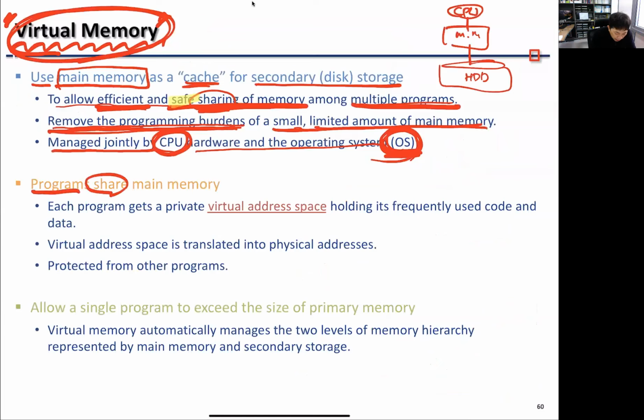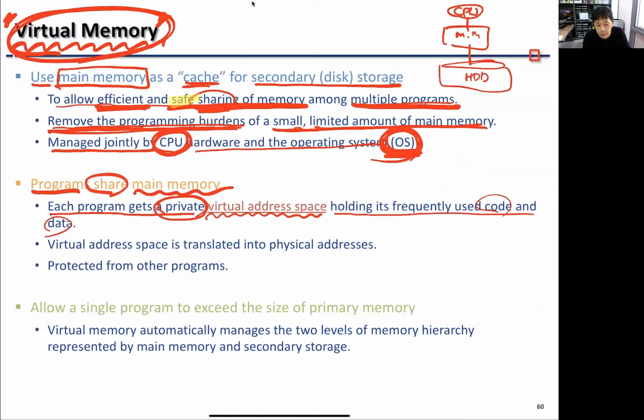Programs share the main memory. Each program gets a private virtual memory address space, holding its frequently used code and data, everything that a program needs. And this virtual address space must be translated into the physical address space.